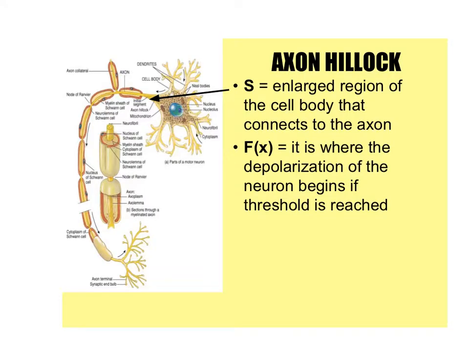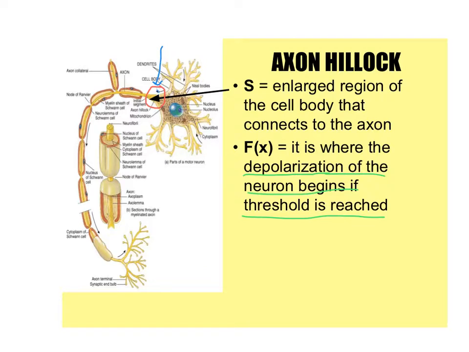The next part of a neuron is called the axon hillock. It's like where the cell body ends and the axon begins. What you need to know is this is where depolarization of the neuron begins if threshold is reached. Now, what does that mean? It is right here. This is where the nerve impulse or action potential begins.